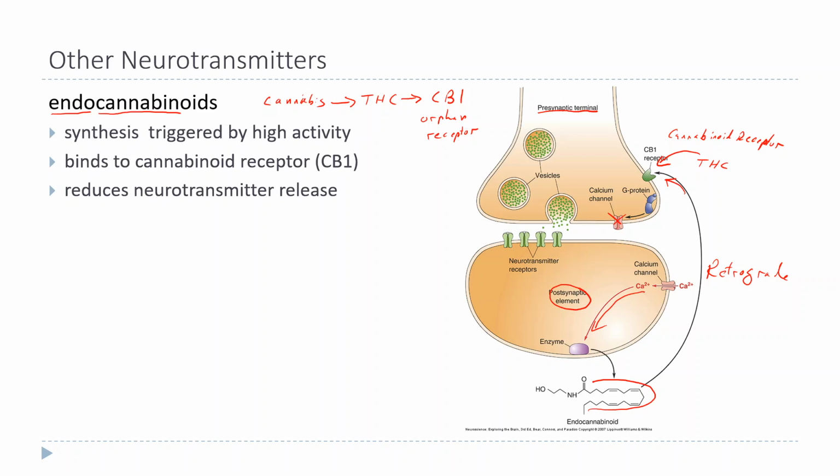And you can also have orphan ligands, so molecules that are released and have some sort of effect on a postsynaptic cell or some other cell, but we don't know what the receptor is. It just so happens that this one binds to THC, and so the receptor got called the cannabinoid receptor because THC is also a cannabinoid, but it's an exogenous cannabinoid.